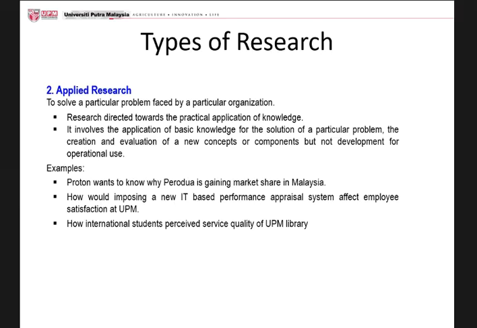For example, maybe what kind of parameters affect the packaging of watermelon. You focus on watermelon, you focus on the packaging. Then you look at the factors that affect this packaging for the watermelon. So that means you study the packaging of the watermelon.